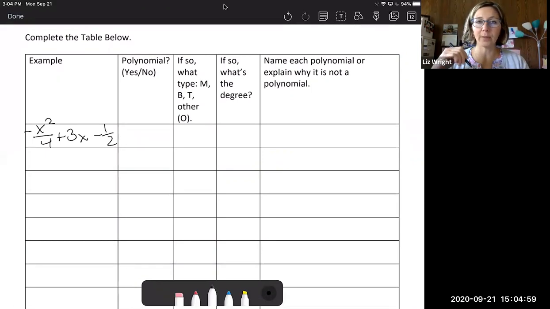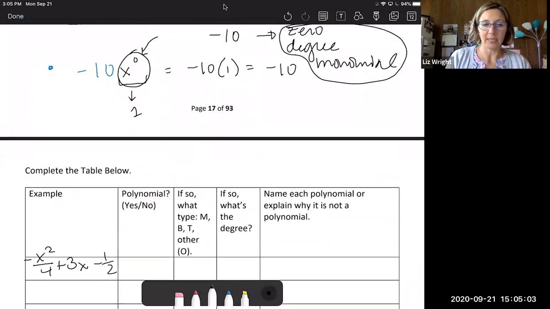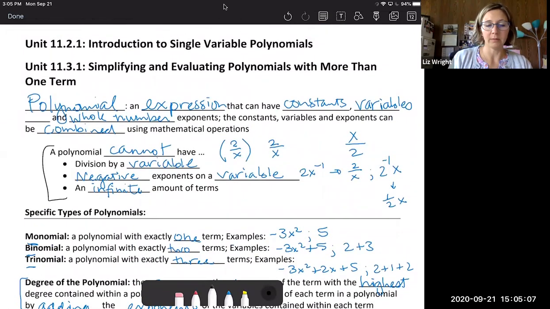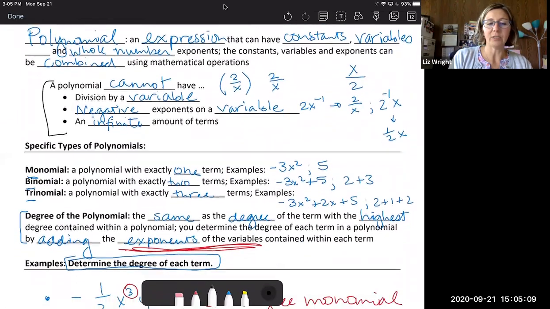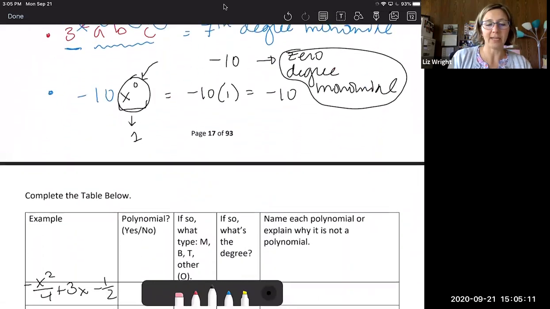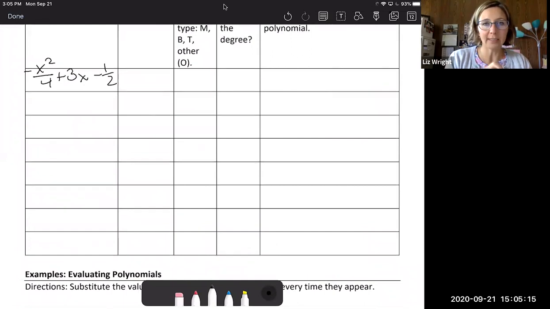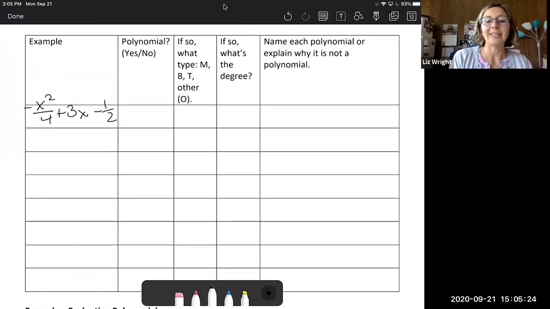And how you determine that is look back again at this list up here, what a polynomial cannot be. Okay, so we can't have division by a variable and we can't have a negative exponent on our variable. Do we have an x anywhere in our denominator? No. Do we have a negative exponent on any of our variables? No. So is this a polynomial? Yes. So this will be a polynomial.